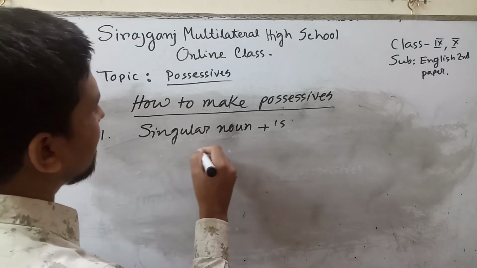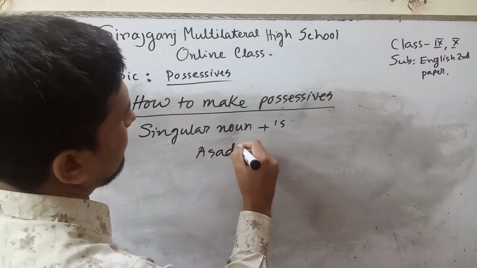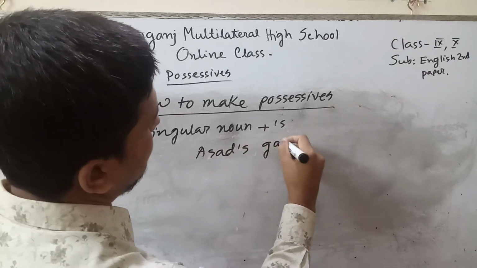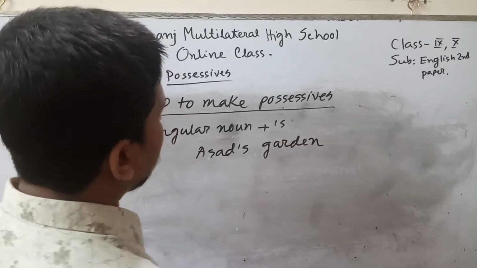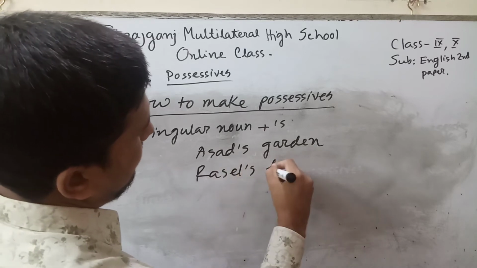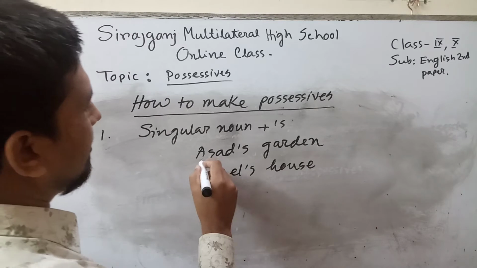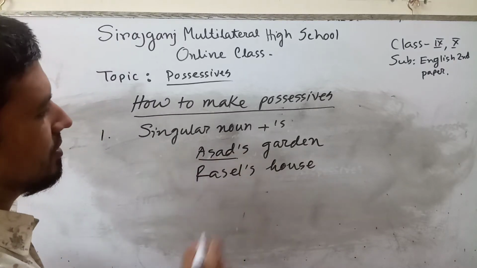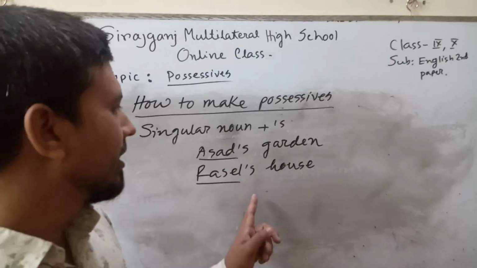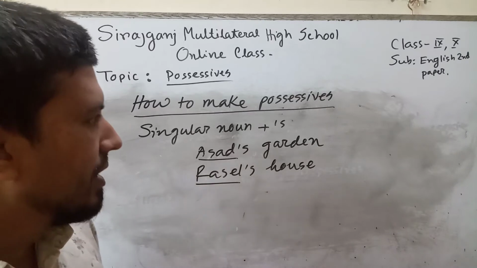Suppose, Asad's garden, Russell's house. Here, Asad is a singular noun, then apostrophe s. Russell is a singular noun, then apostrophe s. I have used this to make the possessive.